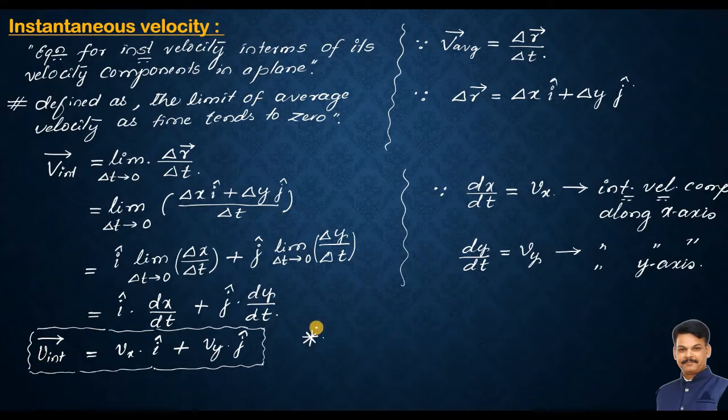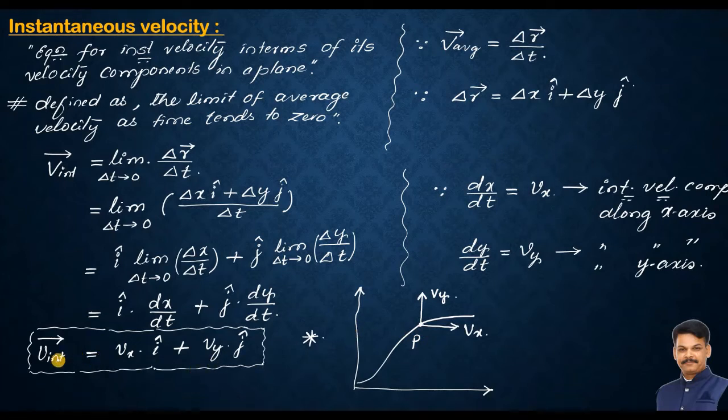For example, if this is the x-axis and this is the y-axis, assume that one object is moving in this way, and at this point we want to know the instantaneous velocity. There is a velocity component along the x-axis, this is vx, and a velocity component along the y-axis, this is vy. This is the point where we have to calculate the instantaneous velocity.